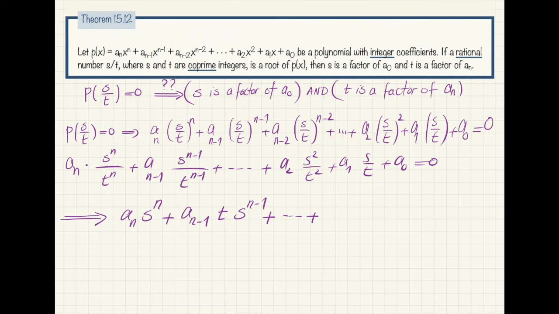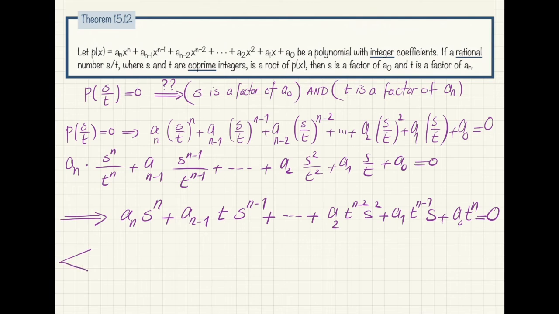So this becomes a_2 t^(n-2) s^2, and then I will have a_1 t^(n-1) s, and then I will have a_0 t^n. But on the right hand side, t^n times 0 is again 0. Okay, so we can interpret this in two different ways now.